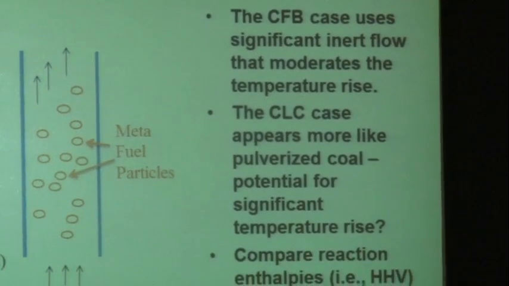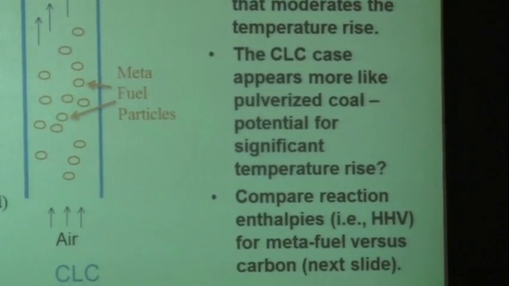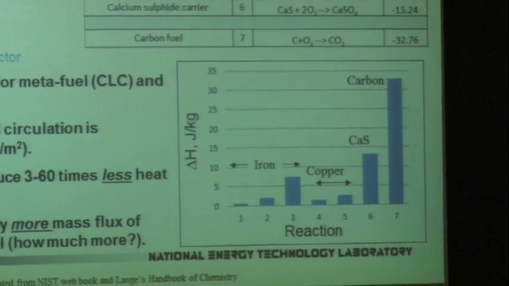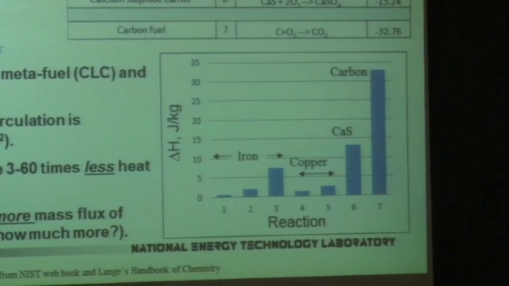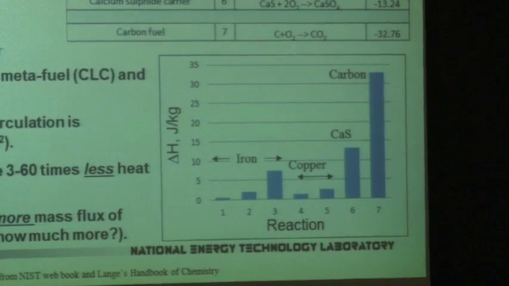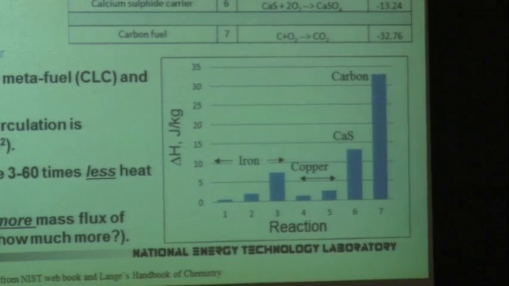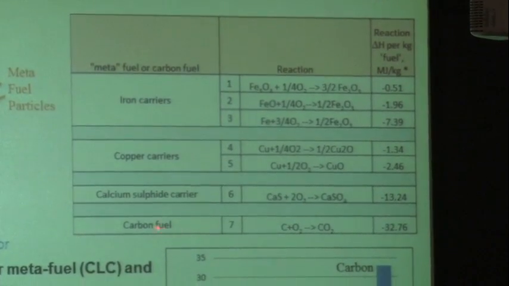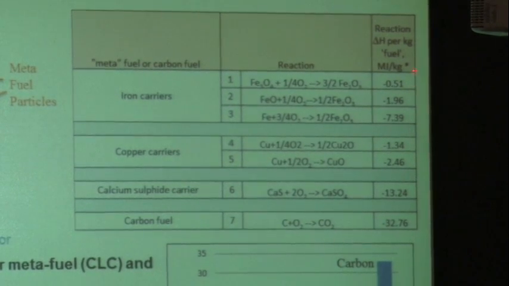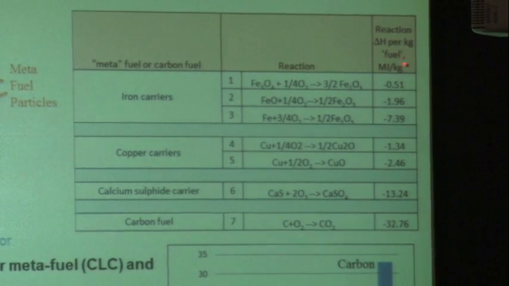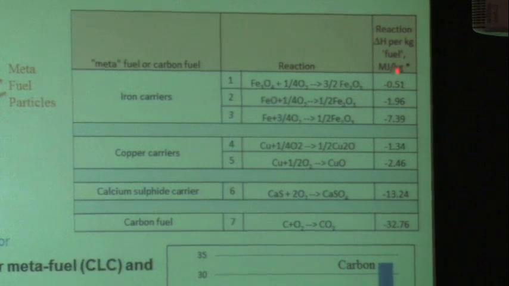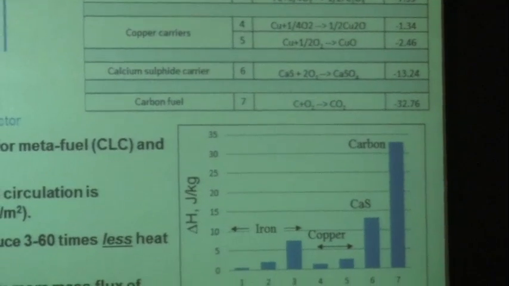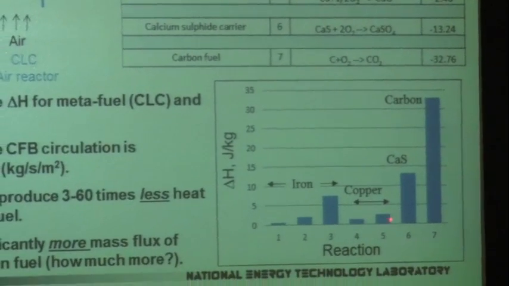So what's the difference here between this CFB boiler and chemical looping? Well, if you just plot up the reactions that we're talking about here, if I look at a metafuel, remember I say we're making these iron carriers a metafuel, and then I compare at the bottom carbon fuel, and I put the reaction enthalpy per kilogram of fuel plotted up over here, and then show it on this graph. So these are the different carriers. 1, 2, 3 are all iron. Here's copper.